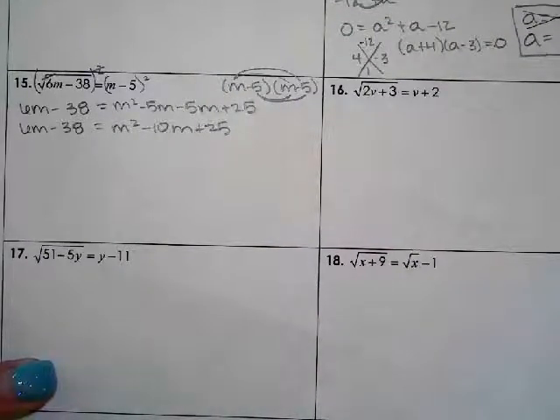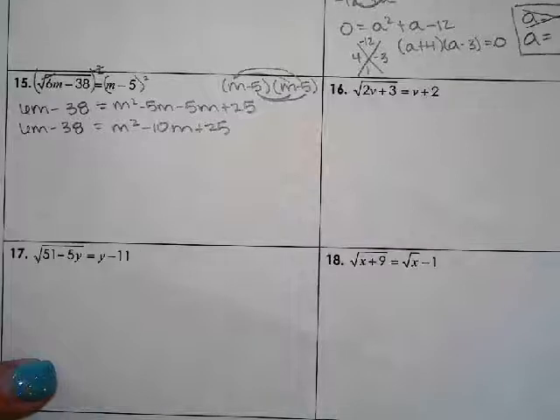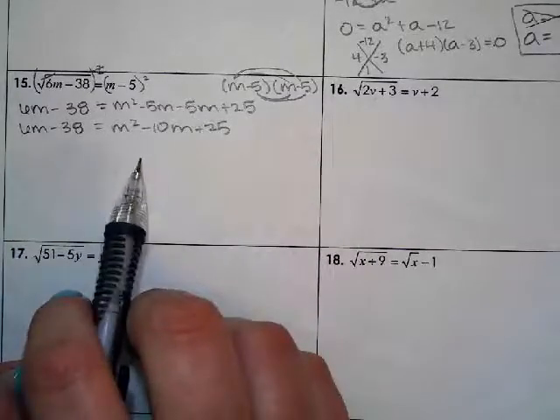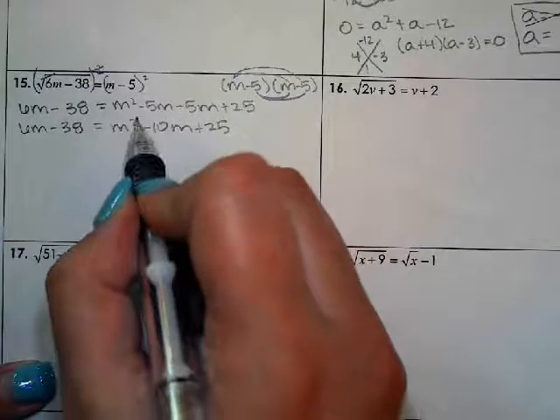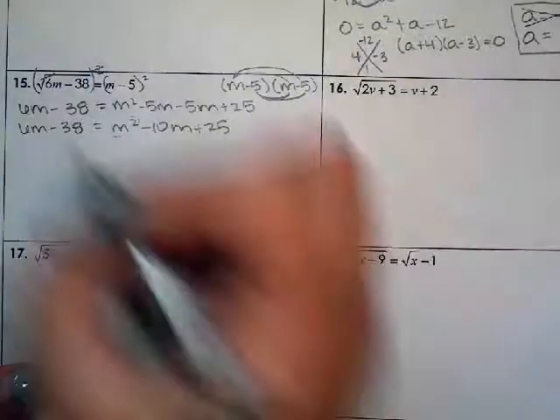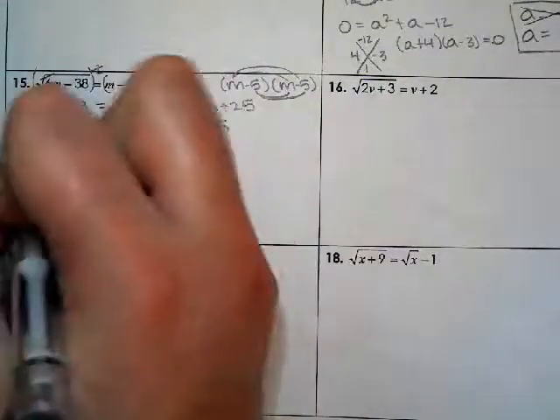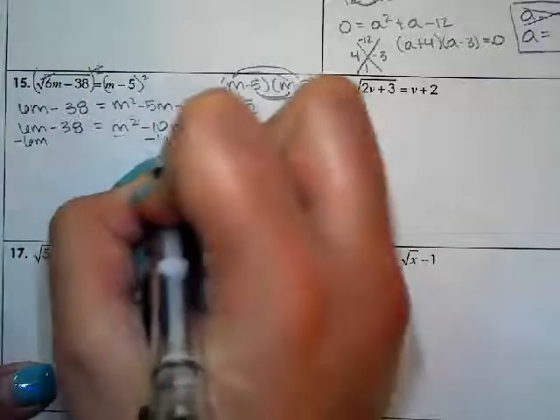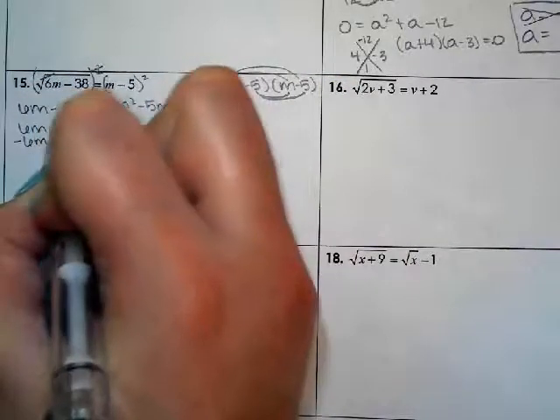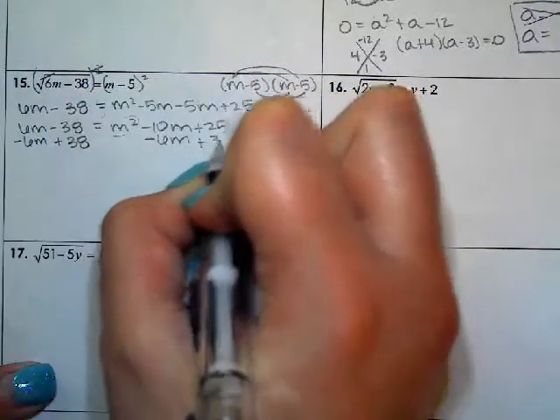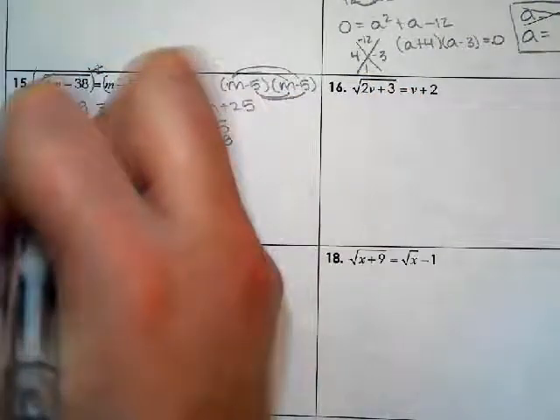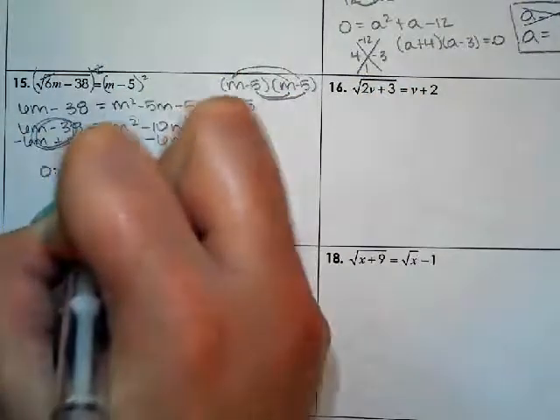I'm going to keep this term positive. I'm going to try to factor it if I can. So I'm going to subtract the 6m and add 38. So that's 0. So 25 and 38, 63.